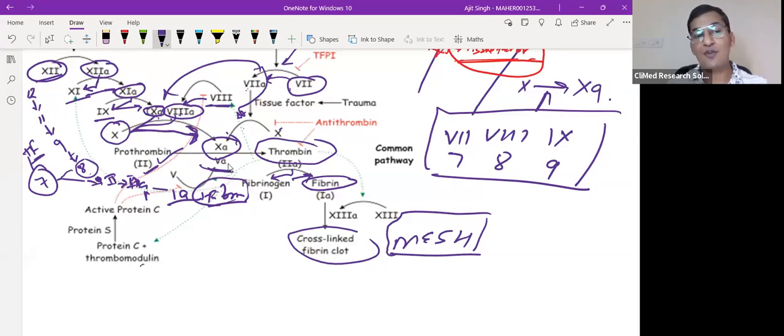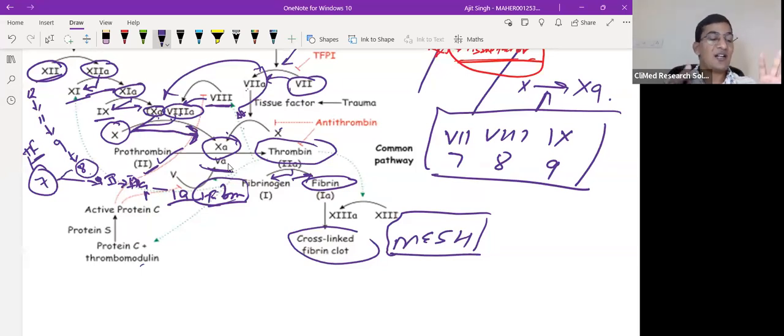From the other side, meaning activated protein C. Whenever there is injury, some proteins also get activated, and those proteins are activating factor 5. Those proteins are nothing but activated protein C. I mean, protein C is getting activated, and activated protein C is activating factor 5, and factor 5 is activating X. So X, meaning 10, is activated.